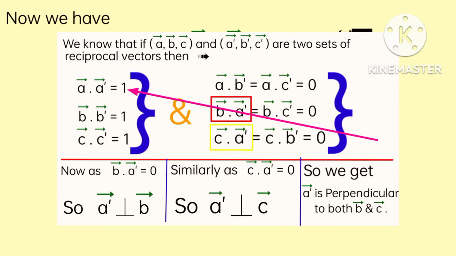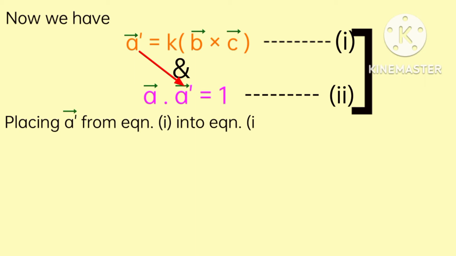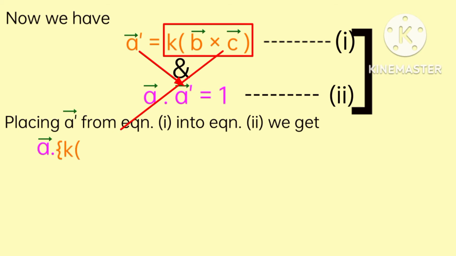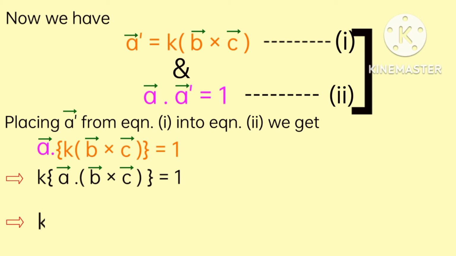Placing A' from equation 1 into equation 2, we get A dot K into B cross C equals 1. Therefore, K into A dot B cross C equals 1, so K equals 1 upon A dot B cross C.